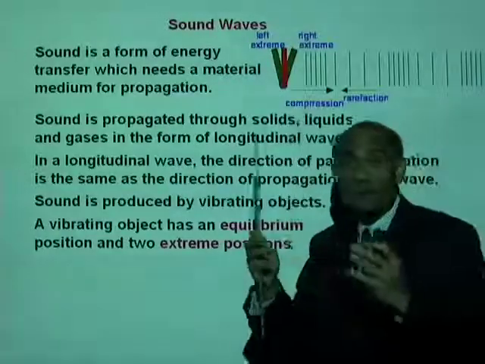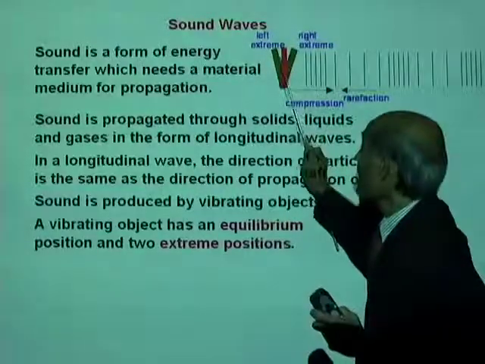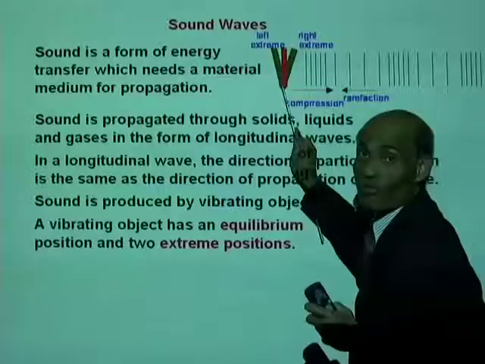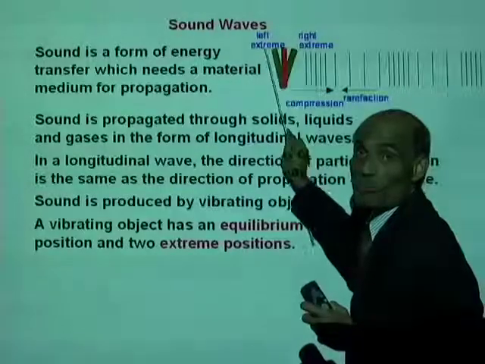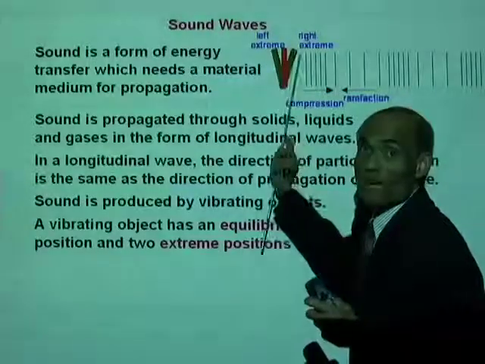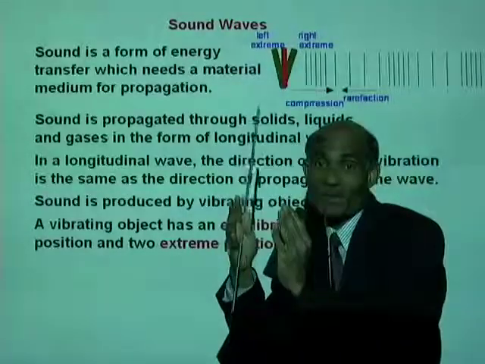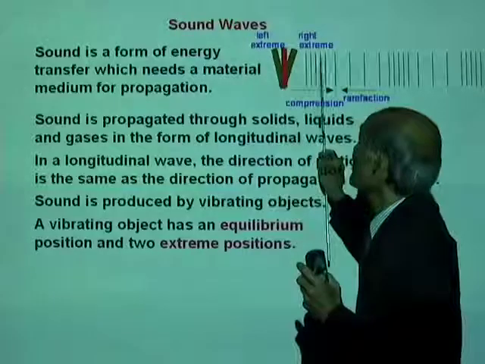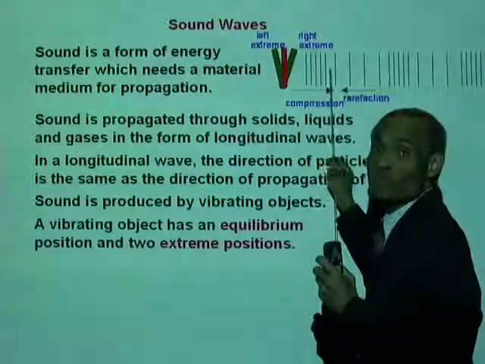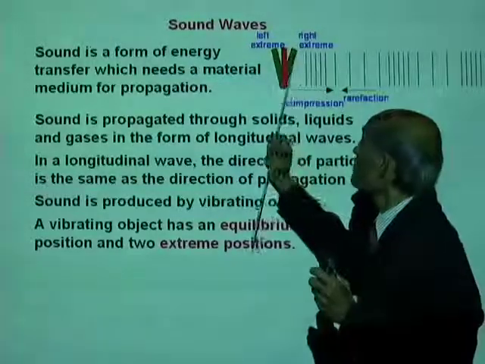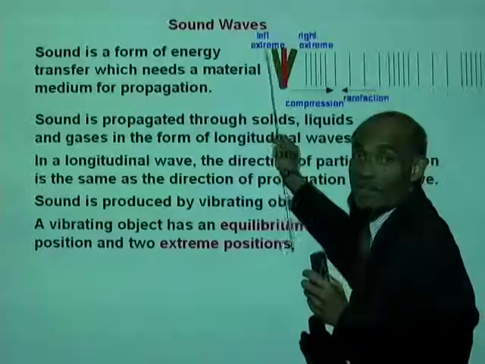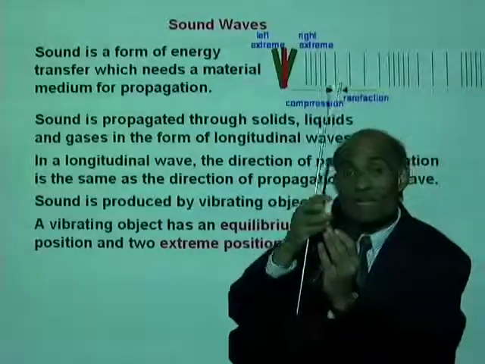Well, how are these formed? As the vibrating object moves from left extreme to the right extreme, it pushes the particles forward, and that is where you have a region of compression. When the vibrating strip moves back to the left, it creates a space.